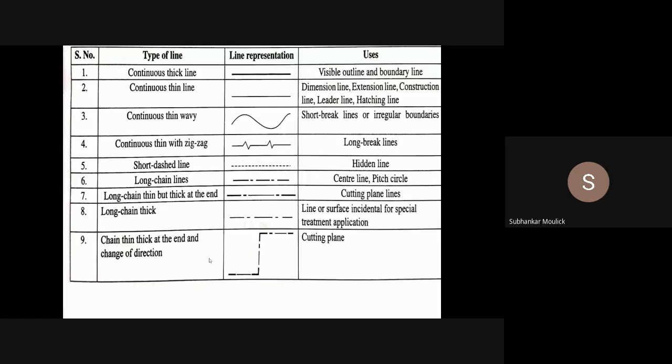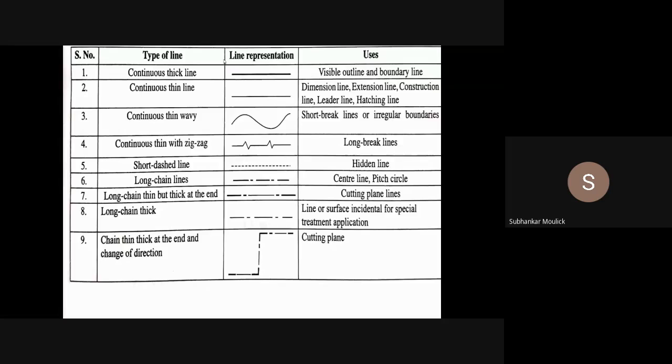What is the first line? The first line is continuous thick line. That is a dark line. Continuous thick line, dark line. Can you observe the difference between the thickness of the first serial number line and the second serial number line? Yes, sir.